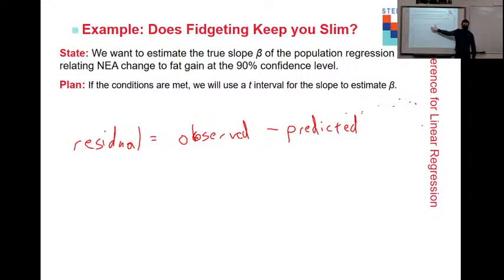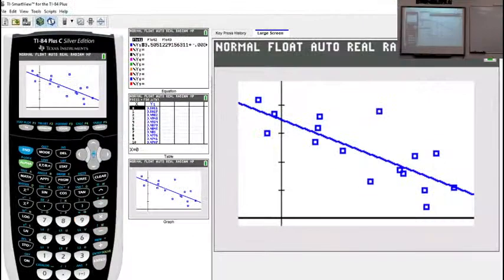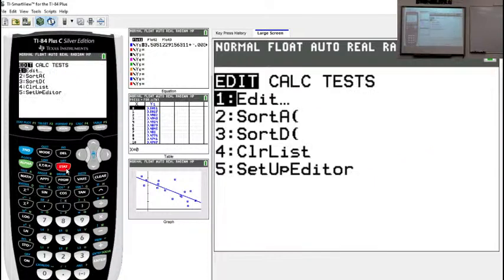We need to get these values and figure out how to get these values out of the calculator. Observed minus predicted. So let's go onto our lists. Now, if you want to write down the steps, you can.